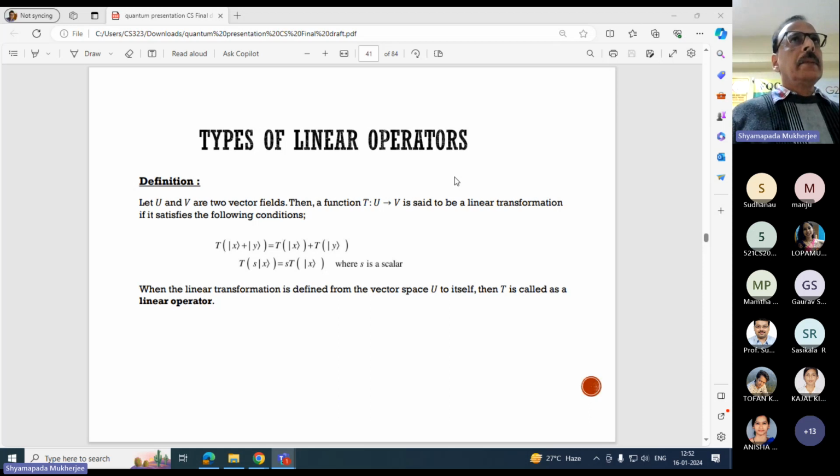Will manage? It is visible, ना? No, now it is not changing.